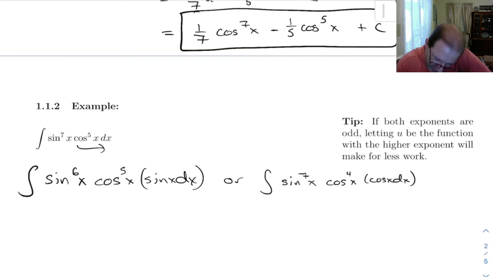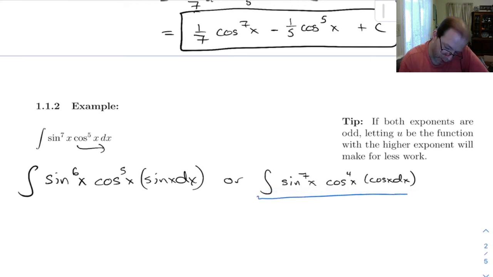But this tip over here says, if both exponents are odd, let u be the function with the higher exponent. So in other words, we want our u here to be sine. So that means du needs to be cosine. So this is going to be the one that we want to use.